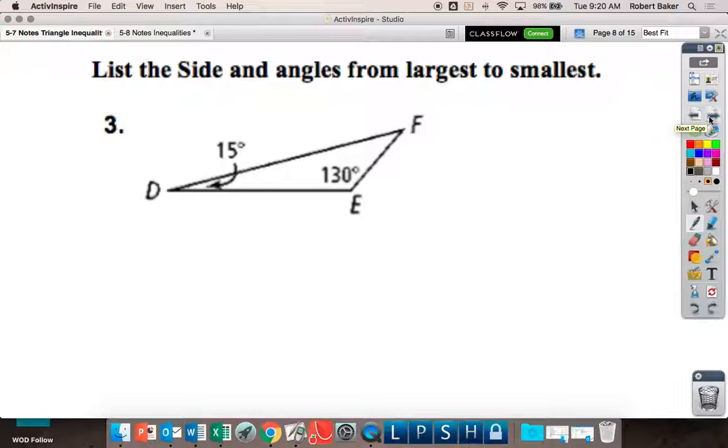So this is the only way I can trick you. It says list the sides and angles largest to smallest. What is different about this one than the last one? It gives me angles now. It does not give me side lengths anymore. So you have to reach back in your geometric toolbox, Bob, and figure out how big is the missing angle.